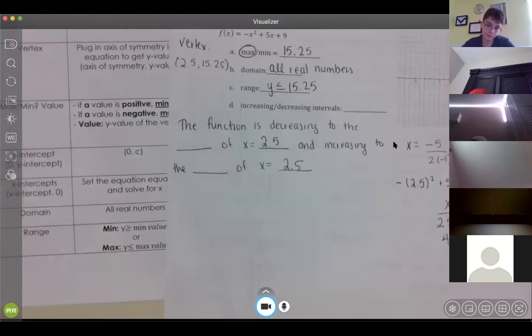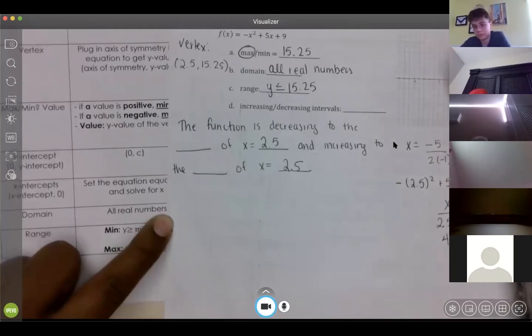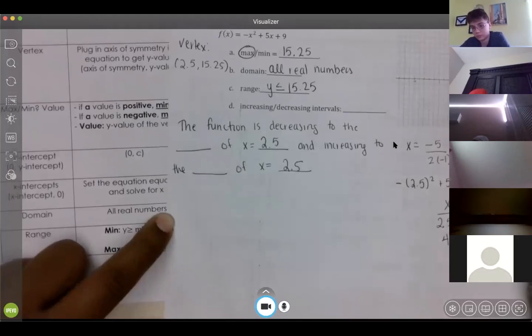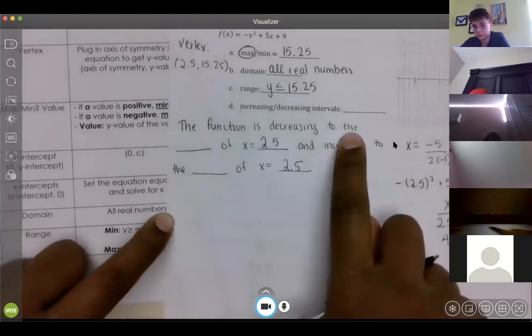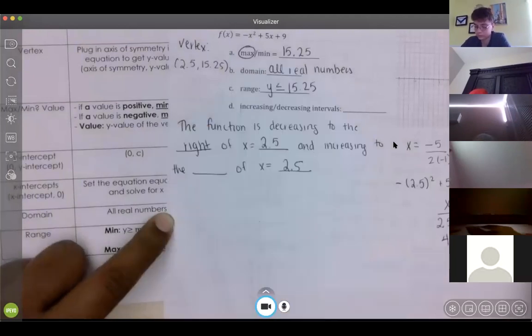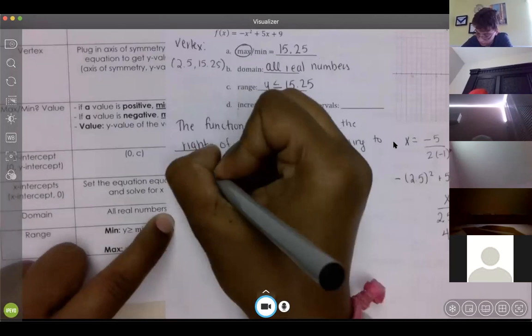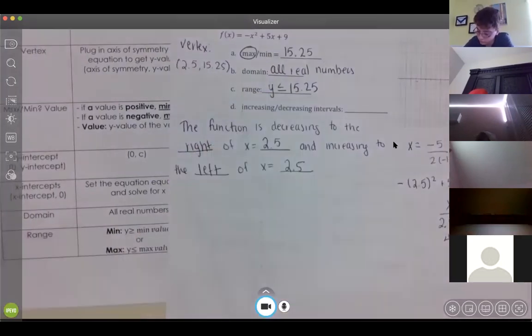Decreasing? Oh no, increasing. So when you read it from left to right, from the left side to the vertex, it's increasing, which means that from the vertex to the right side, it's decreasing. So it's decreasing to the right of x equals 2.5, and it's increasing to the left. So switch from the last examples.